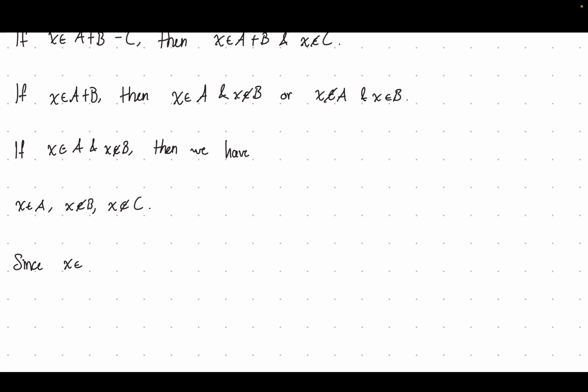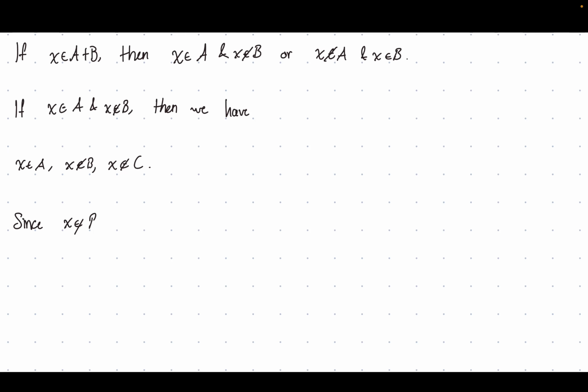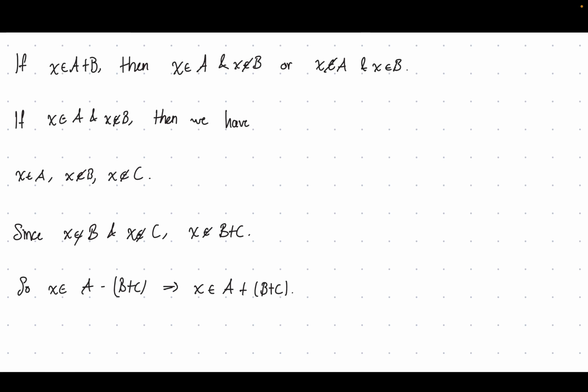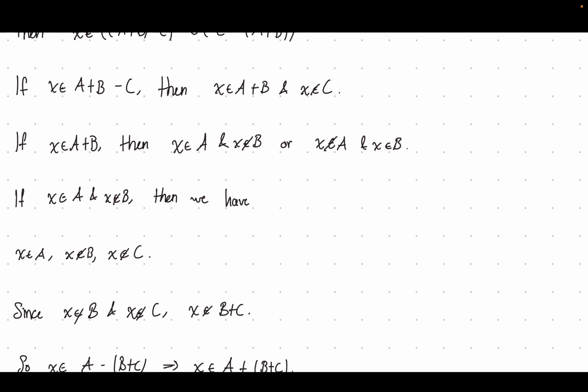Since, and I'm just going to skip the annotations of which lemmas we're using by now, since x is not in b and x is not in c, x is not in b plus c. So x is in a minus b plus c, which implies that x is in a plus b plus c. Okay, that is this branch.